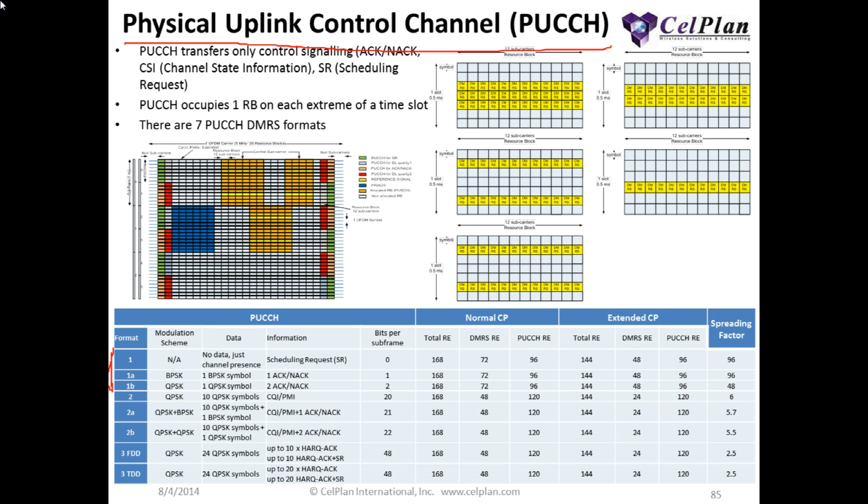The formats 2, 2A and 2B, they are used to send measurements, CSI, channel status information, and so on. ACK/NAK may be added to it just to make it work. And a UE can have 2 ACK/NAKs maximum per subframe.